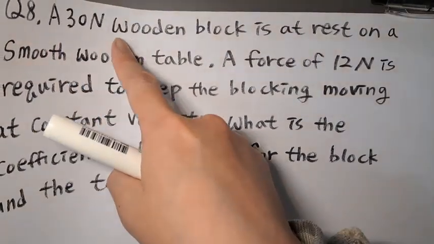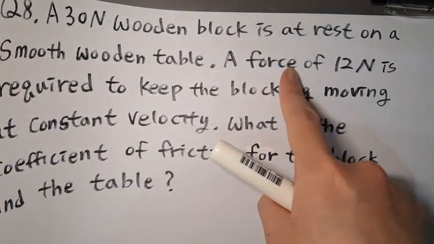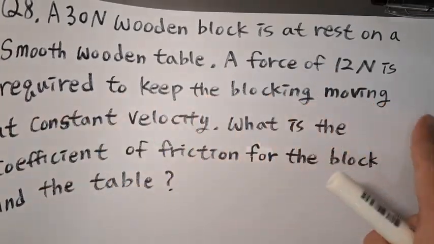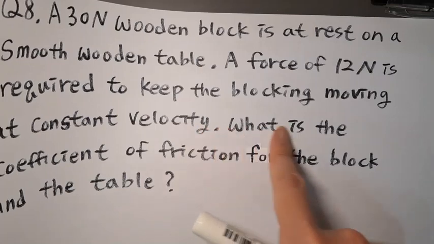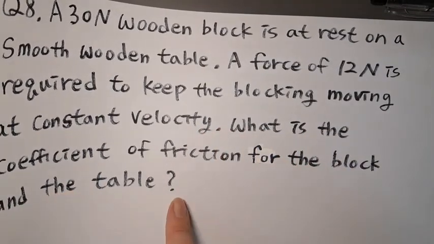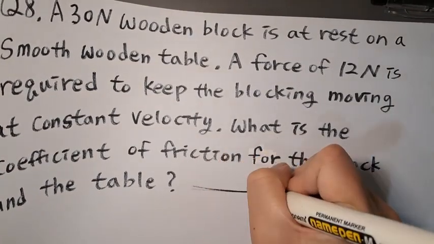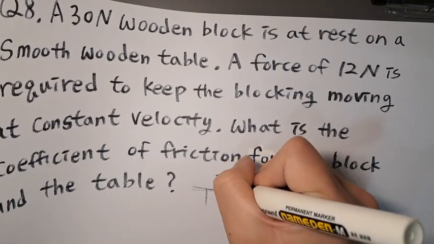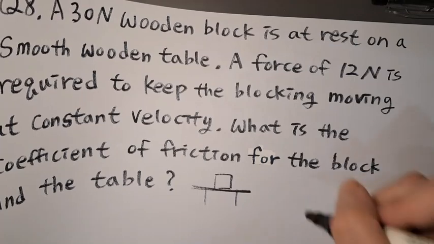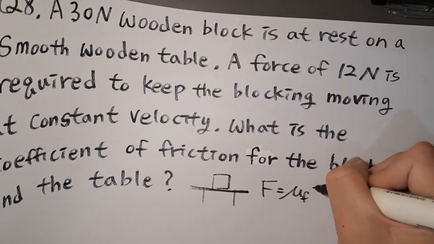A 30-Newton wooden block is at rest on a smooth wooden table. A force of 12 Newton is required to keep the block moving at constant velocity. What's the coefficient of friction for the block and the table? So this is going to be our table and this is our block. And we are going to find this friction force.